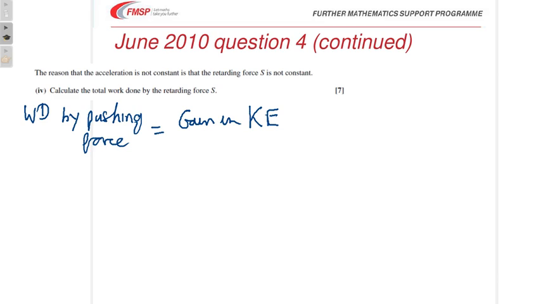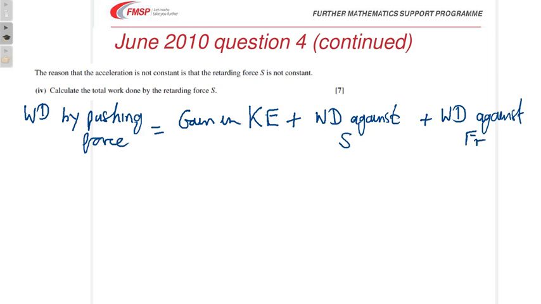So in this case, the work done by the pushing force, where's all that work gone? Well, it's increased the kinetic energy, and it's also gone into work done against S, this force we don't know, and it's also gone into work done against friction. Let's call that FR.